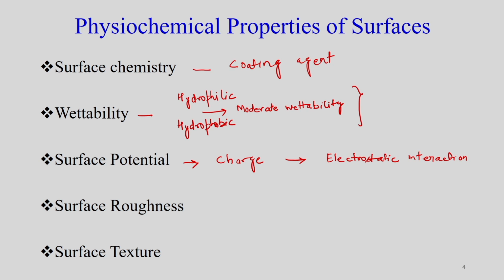And the surface chemistry will contribute towards, let us say, hydrogen bonding, even covalent and hydrophobic interactions. Apart from this selective interaction, the van der Waals interactions will always be there.